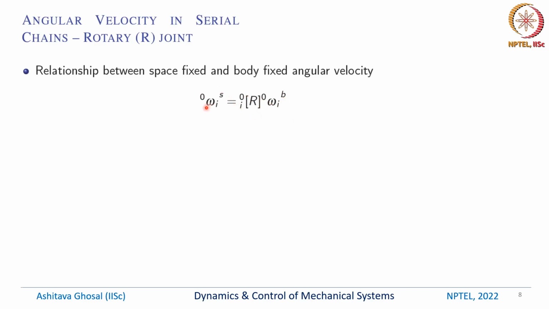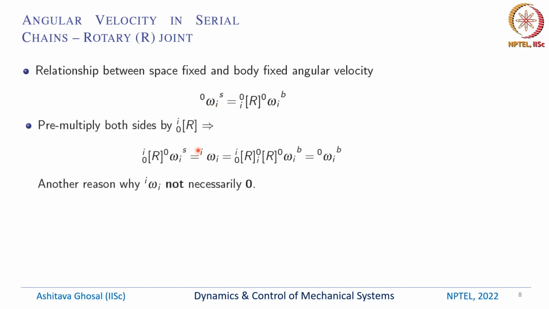So this is R dot R transpose, and this is R transpose R dot. If you go back and see your previous lectures, this is R transpose R dot. So we can pre-multiply by a rotation matrix and we can get the space fixed angular velocity vector. So now let us pre-multiply both sides by ^i_0 R.